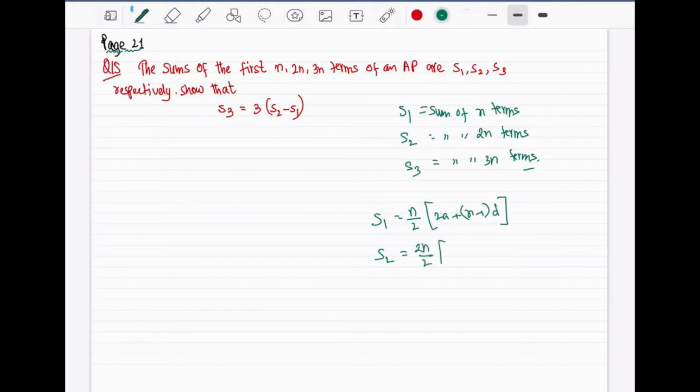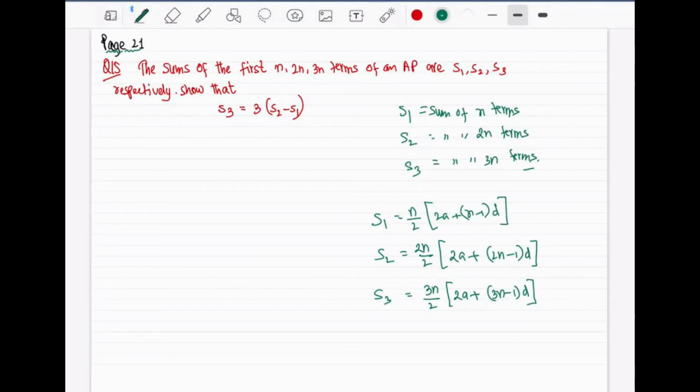Twice n by 2, 2a plus (twice n minus 1)d. What about S3? Same thing except you have to change the twice n with thrice n. S1 we have n number of terms. S2 we have twice n number of terms. S3 we are going to have thrice n number of terms. Thrice n divided by 2, 2a plus (thrice n minus 1)d.